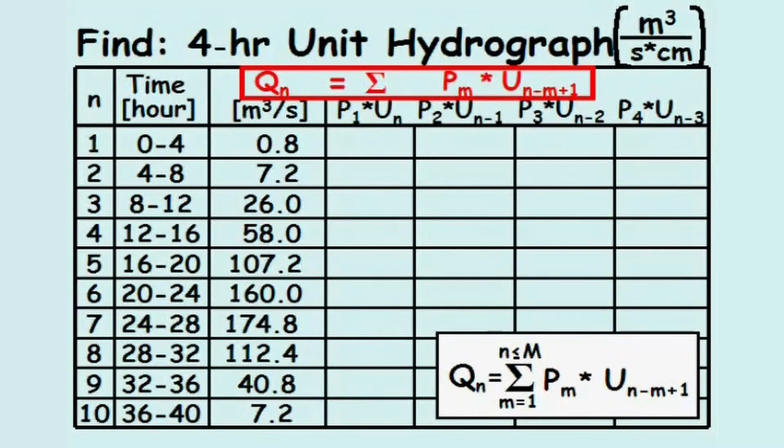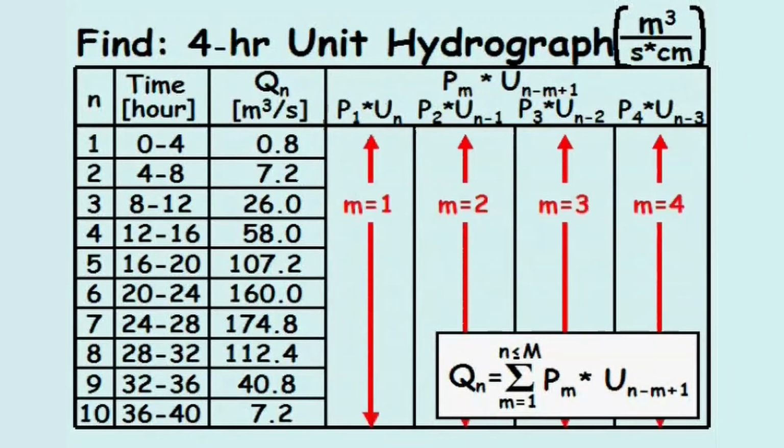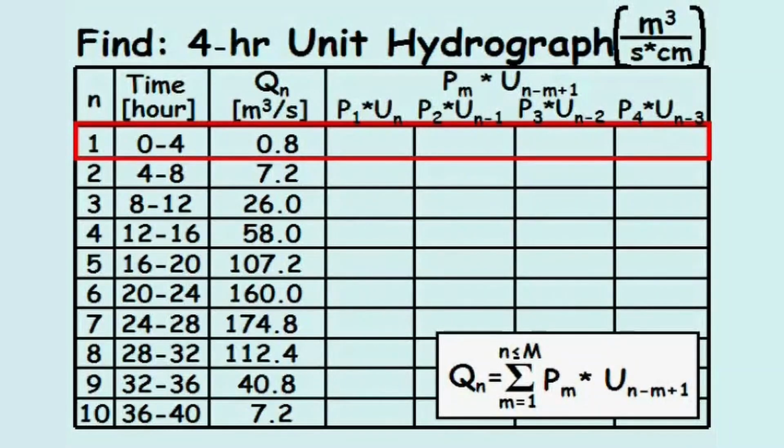The variable n represents the time periods, and the variable m represents the quantity of flow each single hour of rainfall contributes to the total runoff, where the four columns equal m's 1 through 4. Beginning at the first row, since n equals 1, the second, third, and fourth terms are 0, since the rainfall has not yet begun for those time periods.